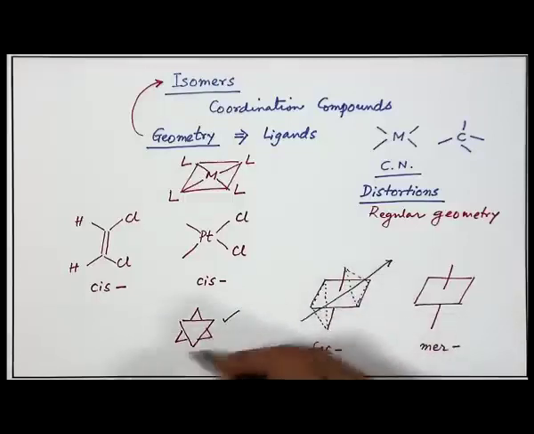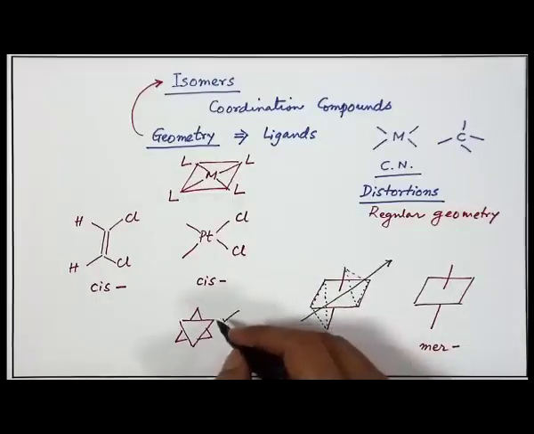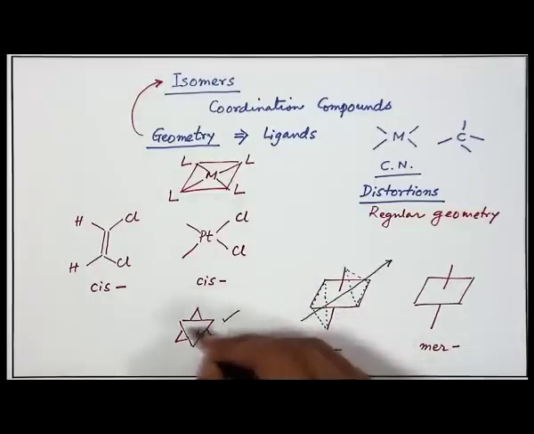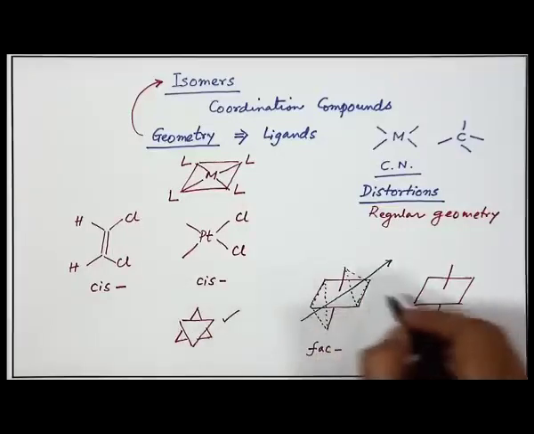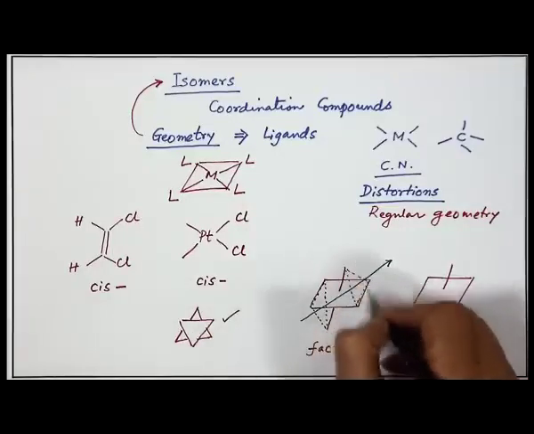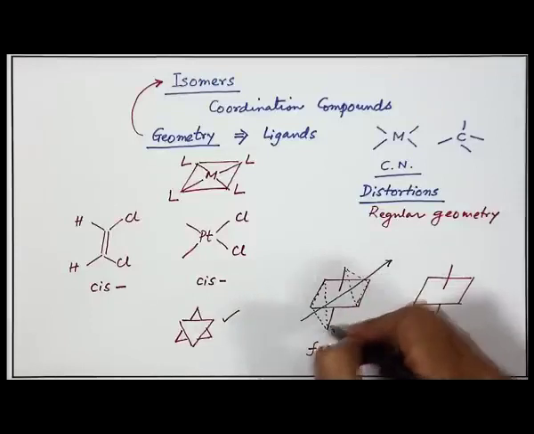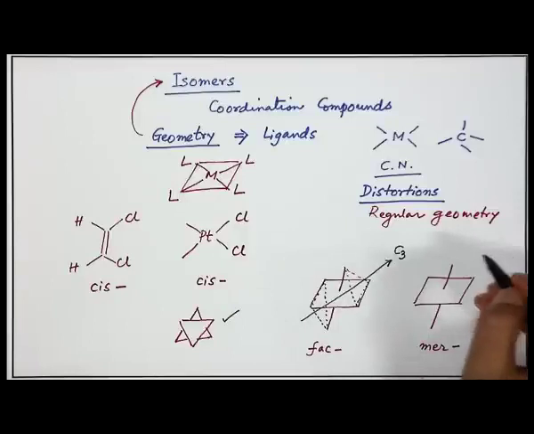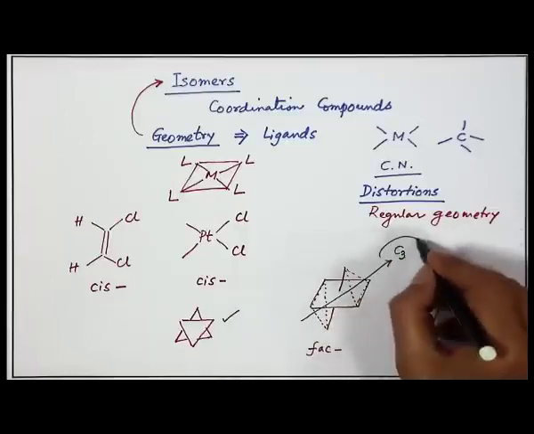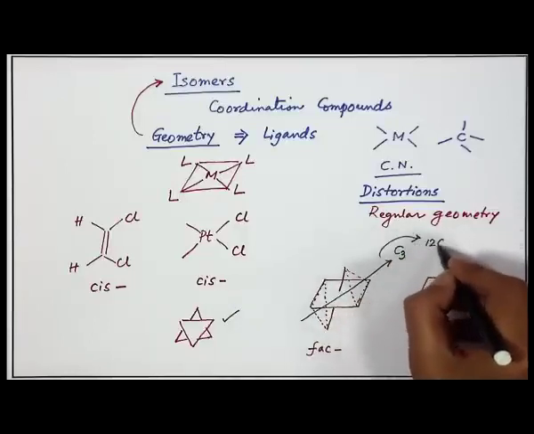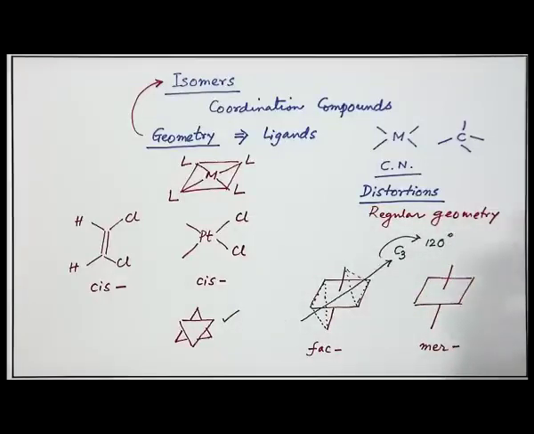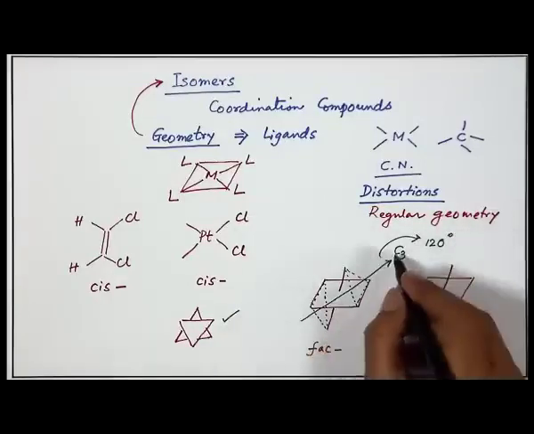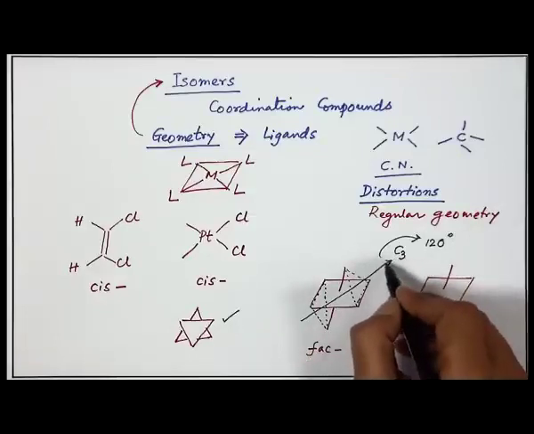We are looking at the octahedron through this particular arrangement, which has a 3-fold symmetry. That means if we rotate by 120 degrees, we reach another equivalent configuration. This is the C3 symmetry axis.